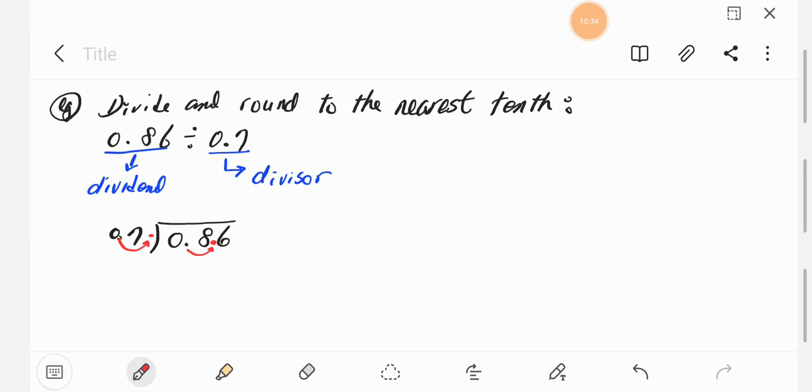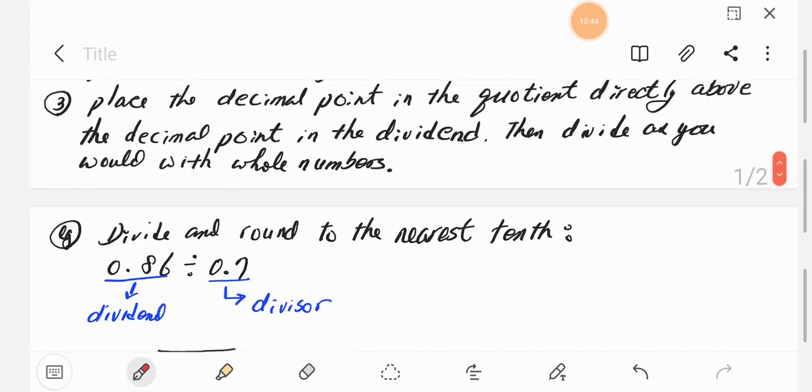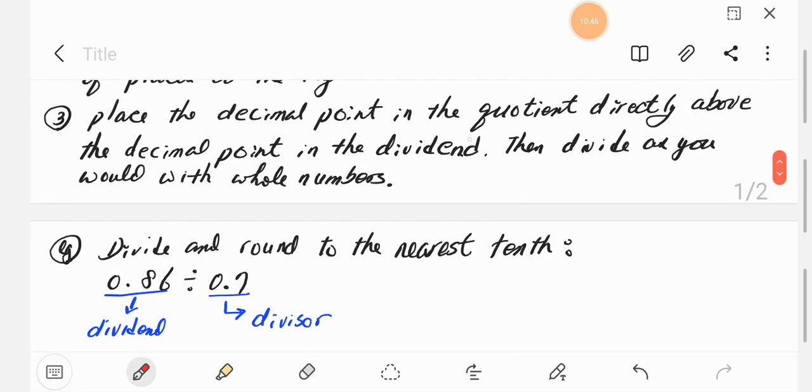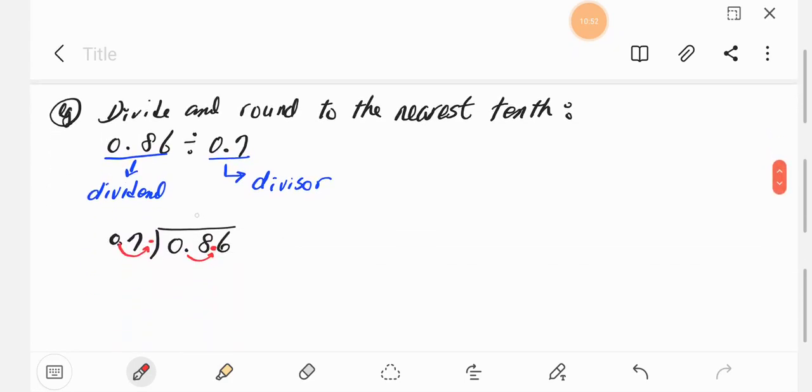So if the divisor has 2 places to move to the right, then also move 2 places to the right in the dividend. The third step is to place the decimal point in the quotient part directly above the decimal point in the dividend. This is the quotient part, right?